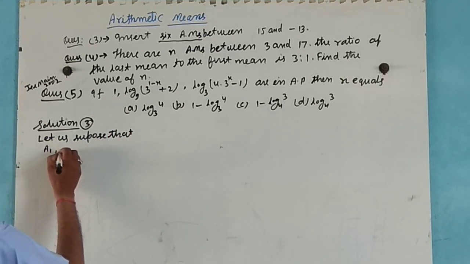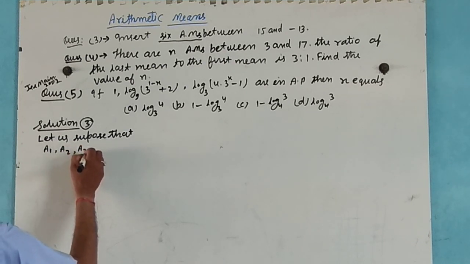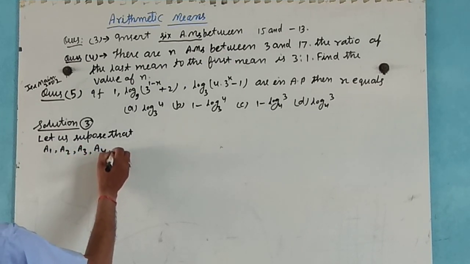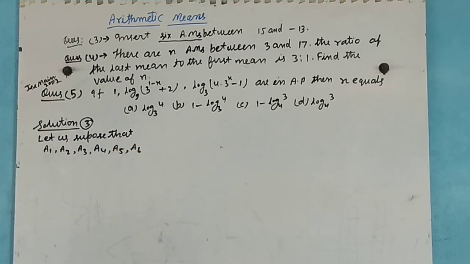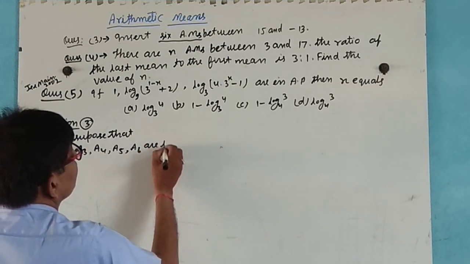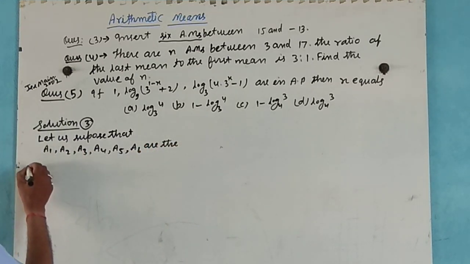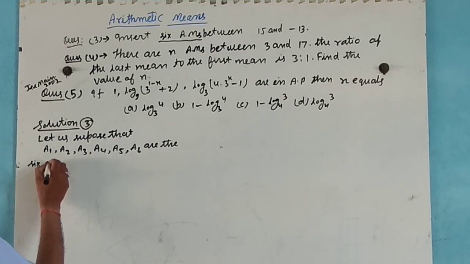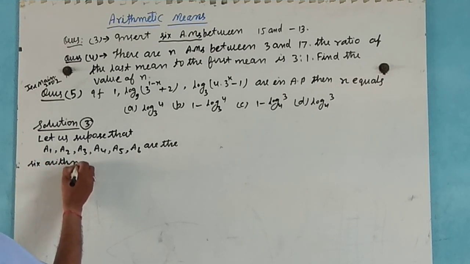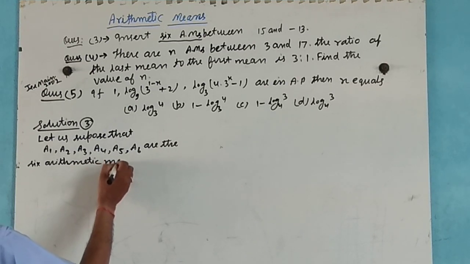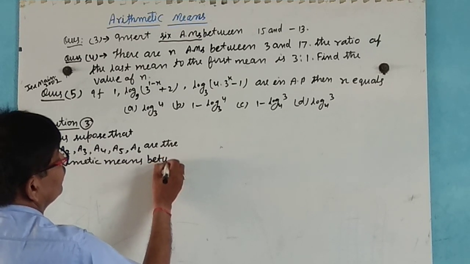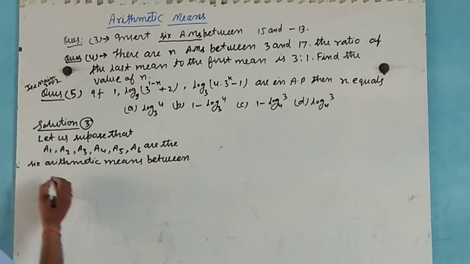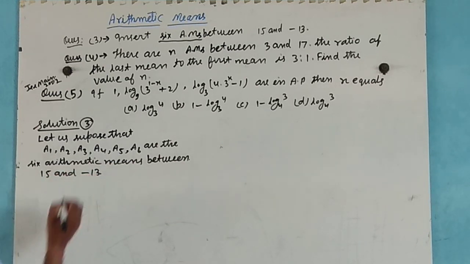A1, A2, A3, A4, A5, A6 are the 6 arithmetic means between 15 and minus 13.